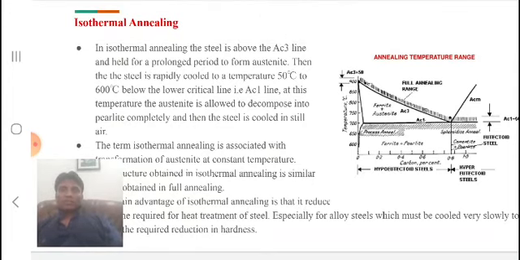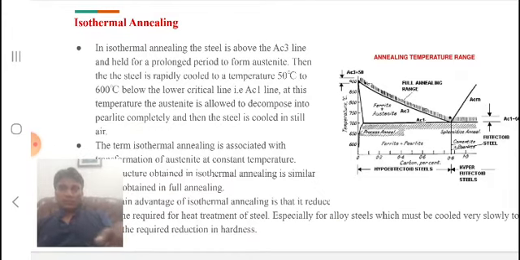to get whatever microstructure. At the corresponding temperature, we should hold the metal until the entire austenite transforms into coarse perlite or fine perlite or sorbite or troostite or upper bainite or lower bainite or martensite.